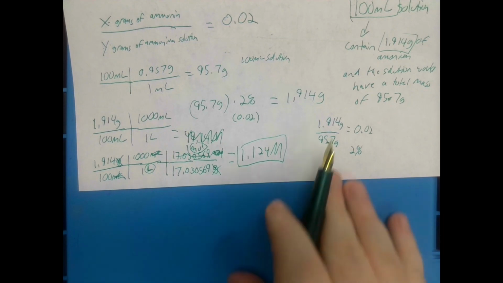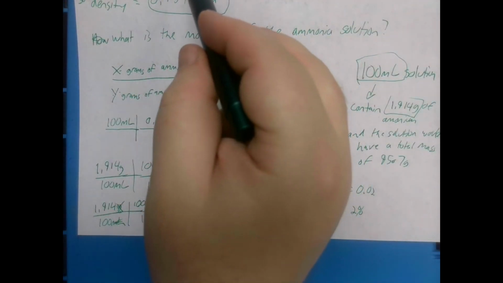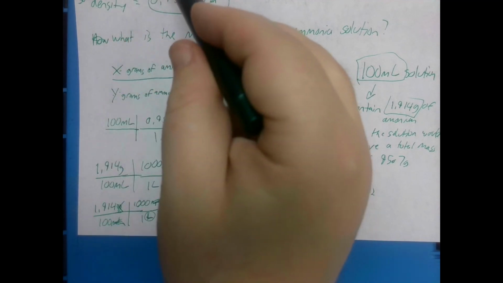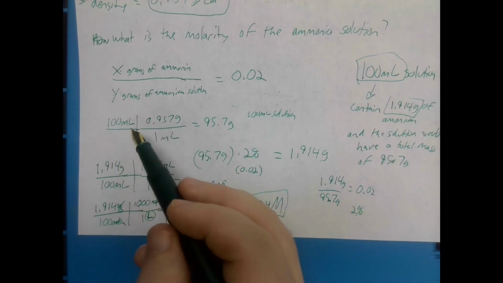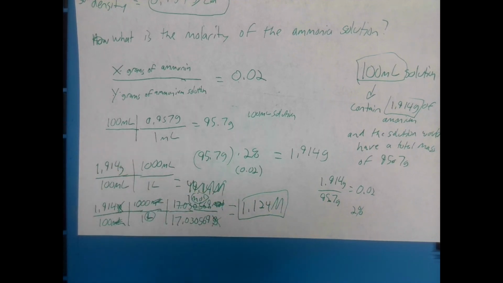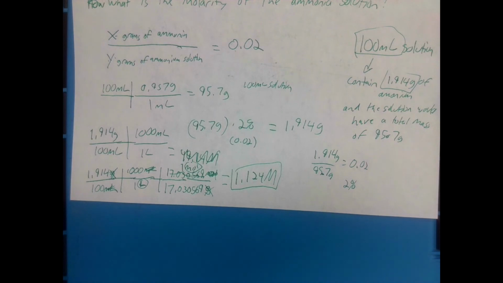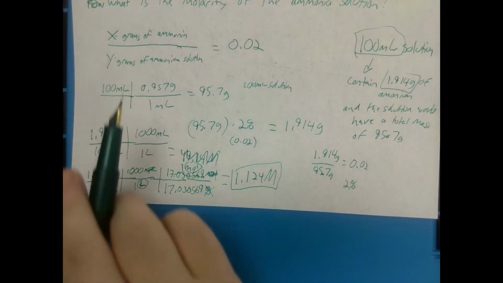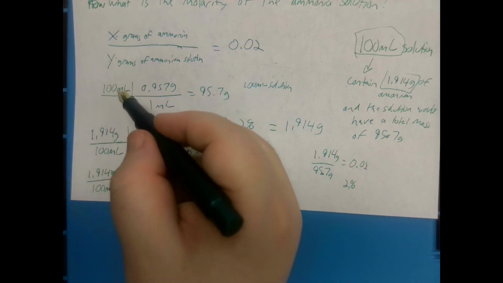So in summary, to calculate molarity, we're looking for moles per liter. And we're given that the mass of ammonia divided by the mass of the solution is 2%. You can just make up a random volume to start out with, because concentration doesn't depend on volume. If you have a single drop, it would be 2% weight by weight, or if you had a giant gallon of it, it would still be 2%. So it's always good to make up a nice number.